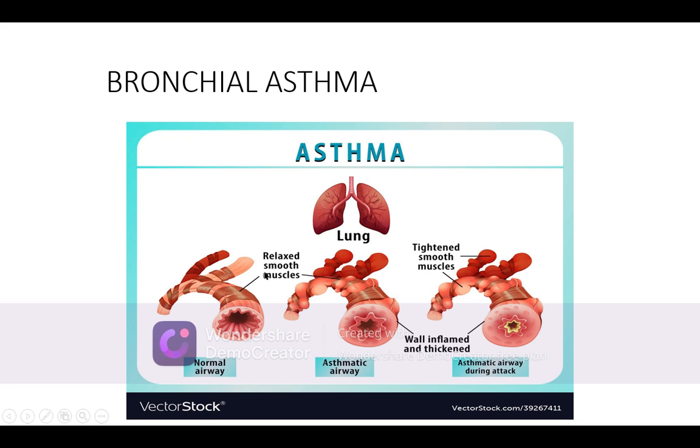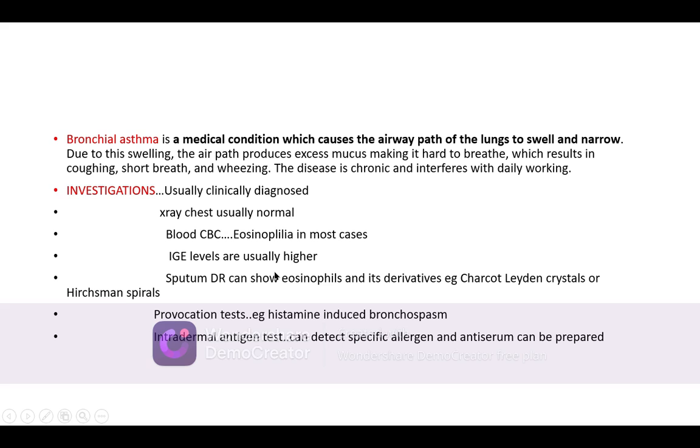And this is actually the clinical definition. It causes the air paths of the lungs to swell and narrow. This is the pathogenesis which they are describing. What happens is that it becomes narrow and swelling occurs. Actually, there is inflammation going on because of the hypersensitive reaction.